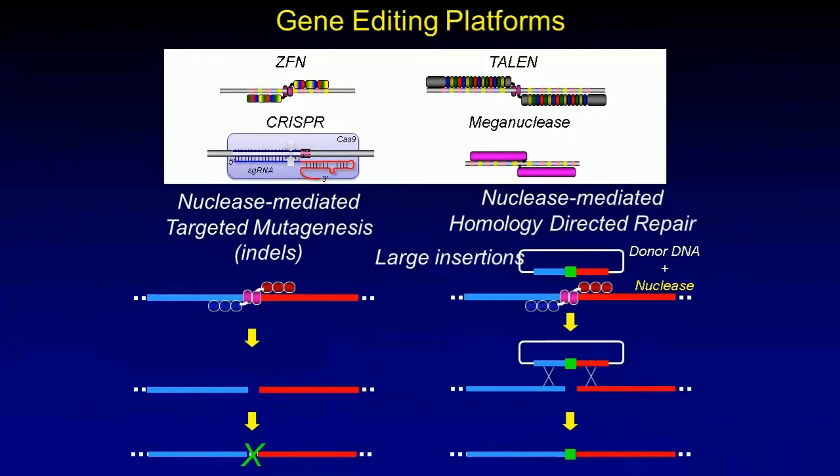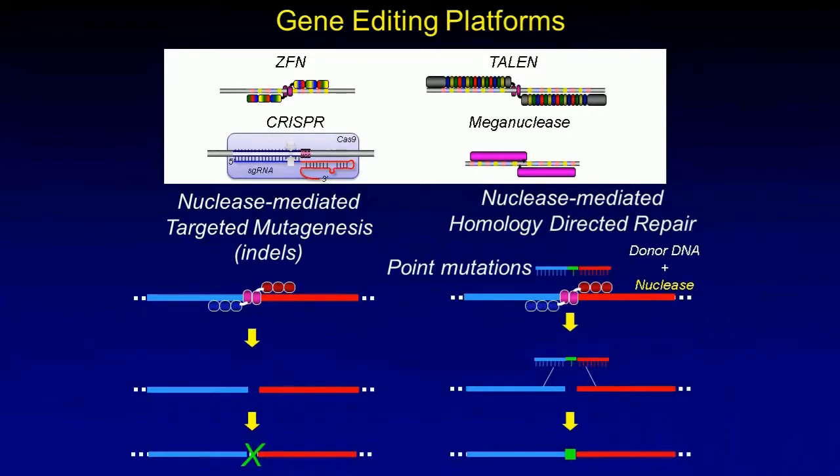In some cases, you don't want to put in such a large insertion, and you might just want to change a point mutation. The preferred method for doing that is to use a single-strand oligonucleotide because there's less concerns about the DNA integrating. And in many cases, it's been shown to be highly efficient to just use the single-stranded oligo.